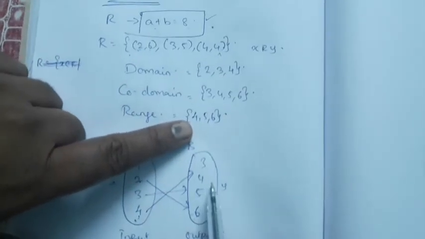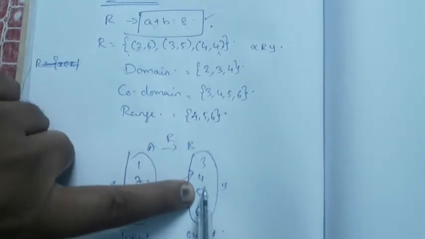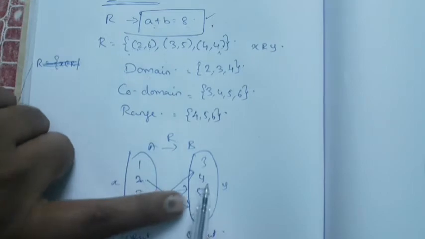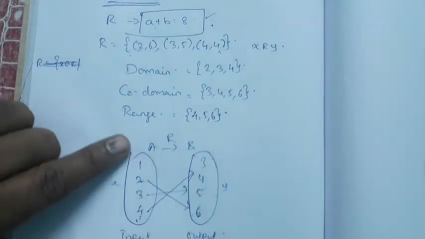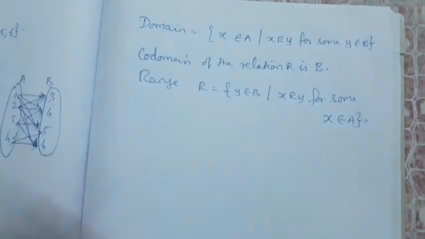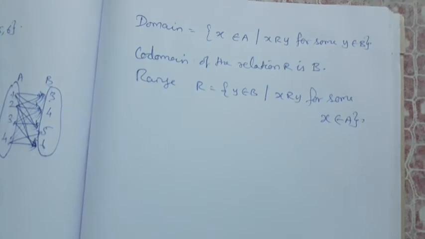So this y belongs to set B, and this x is related to y for some x belongs to A. Clear with the idea? Any doubt in the concepts? So these are domain, codomain, and range. Okay, that's all with this.